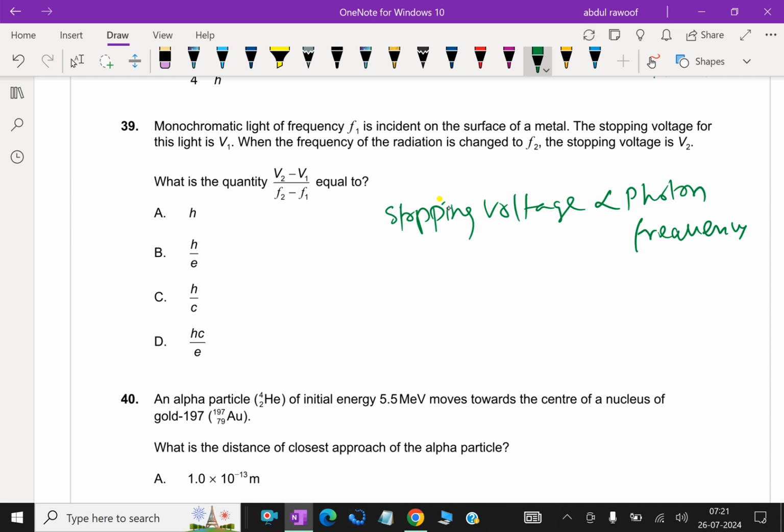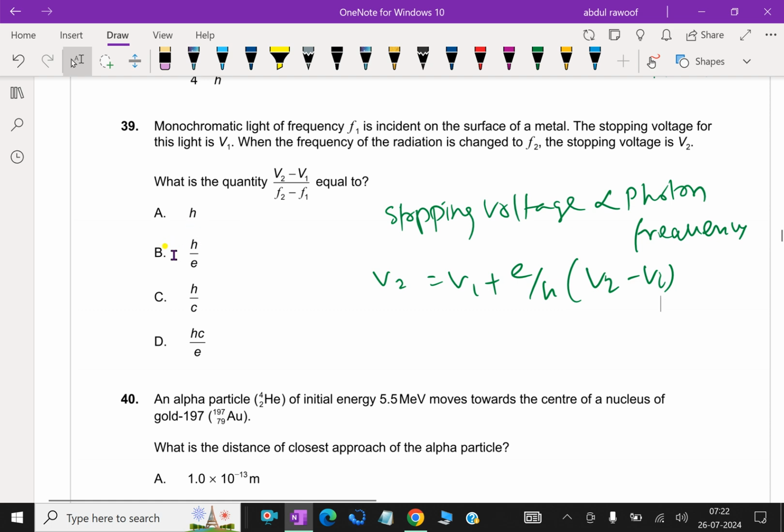Therefore, V2 minus V1 over f2 minus f1, after working with your formula V2 equals V1 plus e over h, and by simplifying, we get option B after simplification.